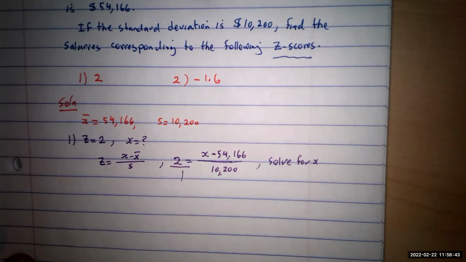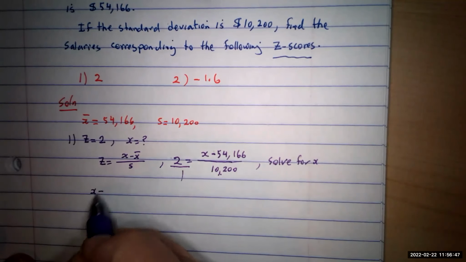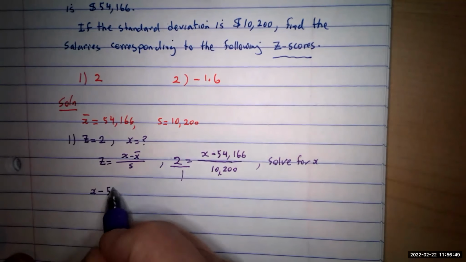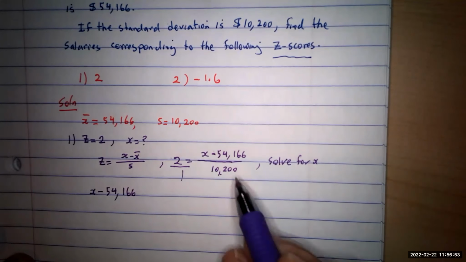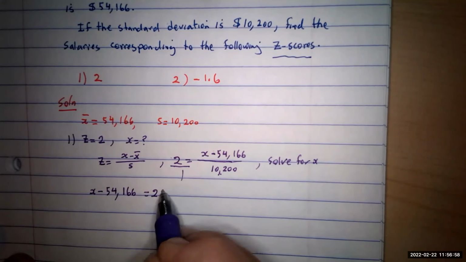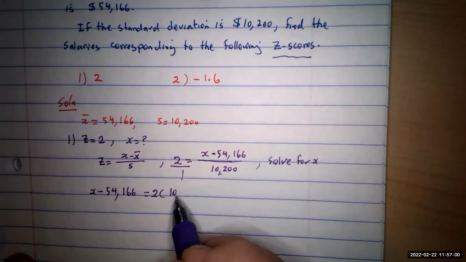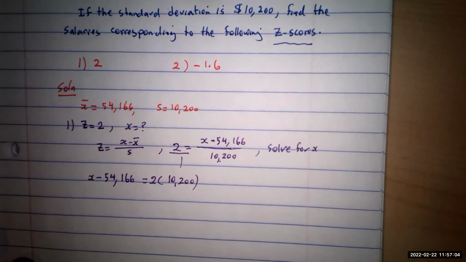If you cross multiply, that gives you x minus 54,166, times 1 gives the same thing, equal to 2 times 10,200, to find the x. Any question? Just solve this equation.